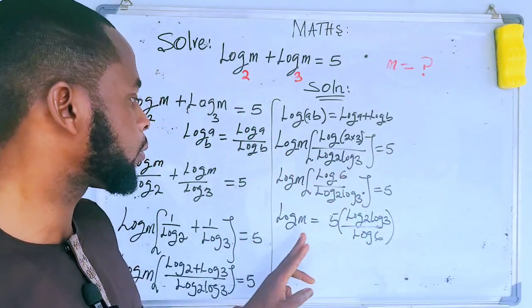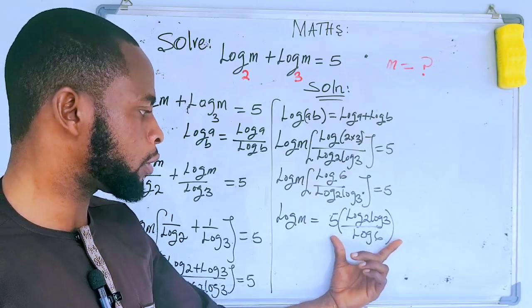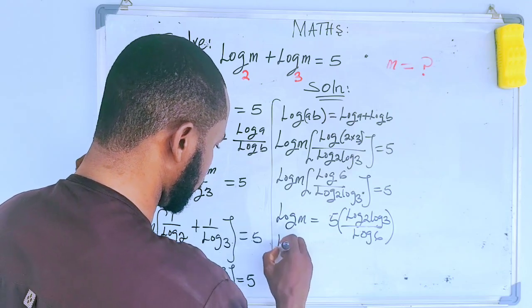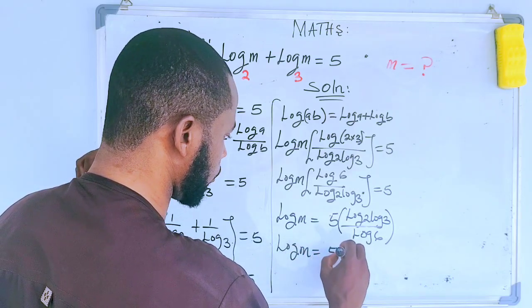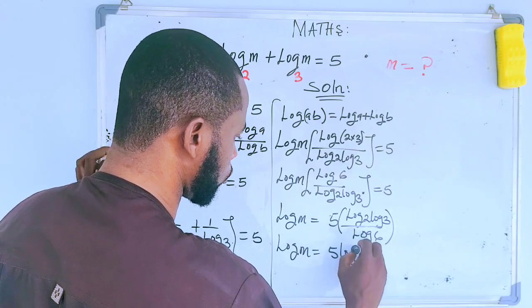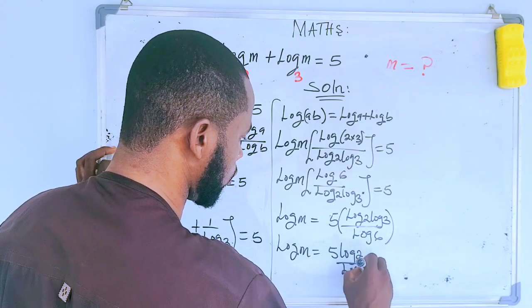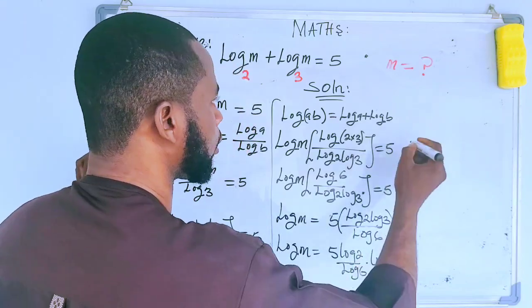Now, I'm going to do something here. This can also be rewritten in this form: log m equals 5 log 2 divided by log 6 multiplied by log 3.